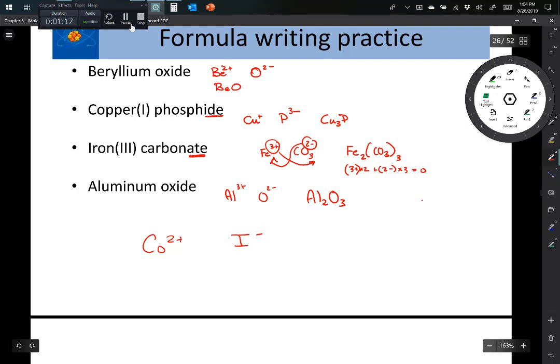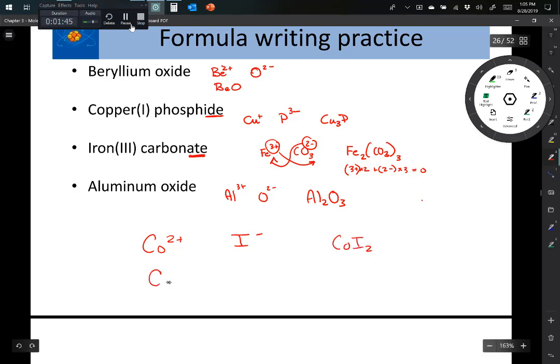When you write the formula for an ionic compound, not just with this one, in general, what's your goal? Balance charge, right? You want to balance the charge. So you look at cobalt, it has a +2. Iodide has a -1. So what does the ratio have to be? 1 cobalt to 2 iodides, right? So that'd be CoI2.